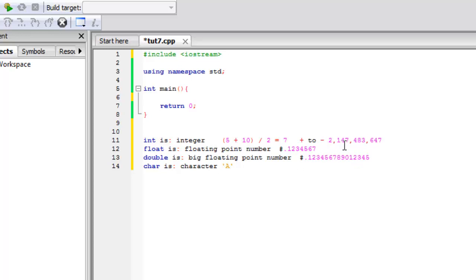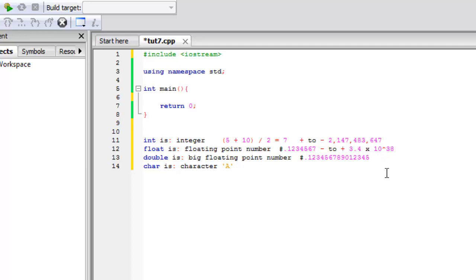Okay, now a floating point is, well, let me write negative to positive, that makes a little more sense. It is 3.4 times 10 to the 38. That's the range on floating points, and basically you need that much range to give you precise calculations to the 7th decimal place, okay?